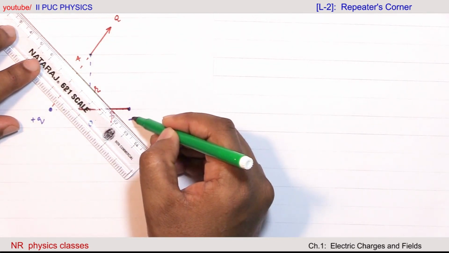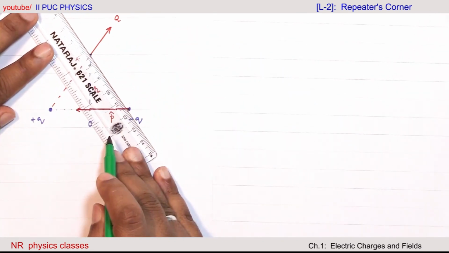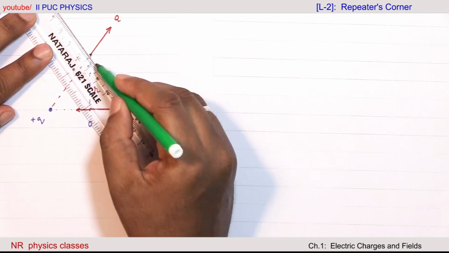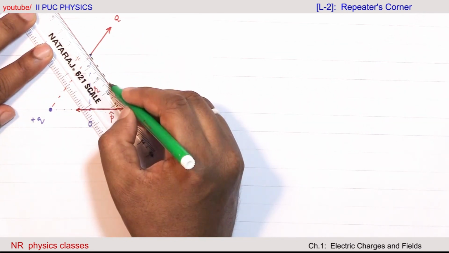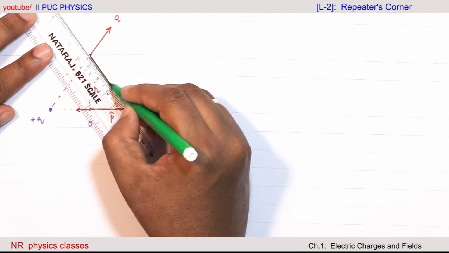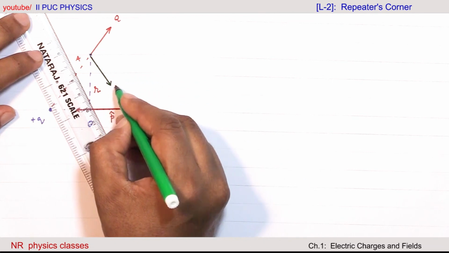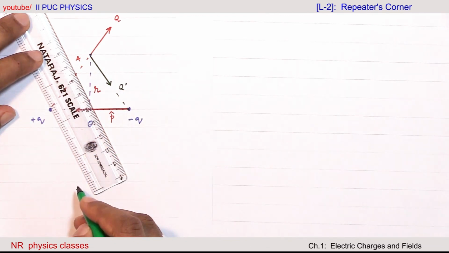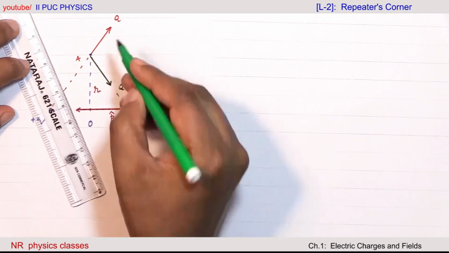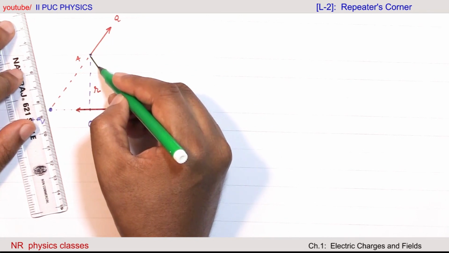Because of negative charge, electric field at A is towards the charge. Let this point be Q dash. Now these two electric fields are resolved into their rectangular components.